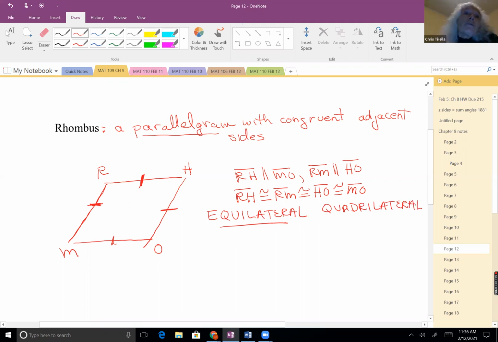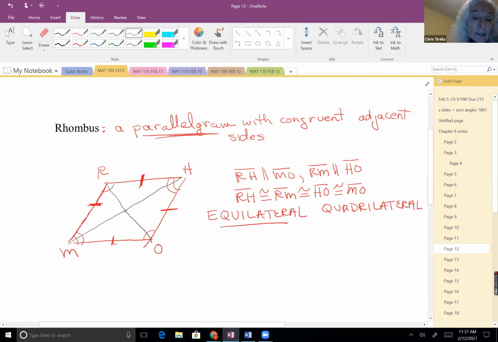And again, all of the other parallelogram properties hold true because it is a parallelogram. Sides parallel, opposite sides congruent, making all sides congruent. And also, I think we had said in a parallelogram that those opposite angles are congruent. And we had said in a parallelogram that those diagonals have a common midpoint.